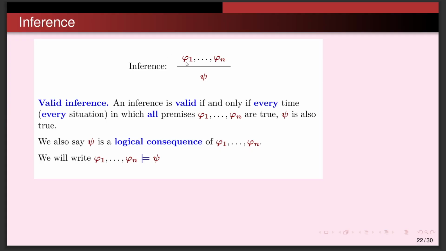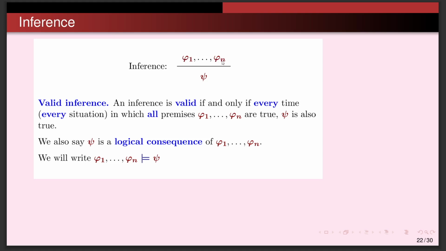Then we went into the evaluation in all possible situations, and we defined what is contradictory, satisfiable, and a tautology. Then we talked about inference. Phi 1 is one expression that goes on until phi n is another expression. If we have some facts, these are the propositions, formulas, or expressions.